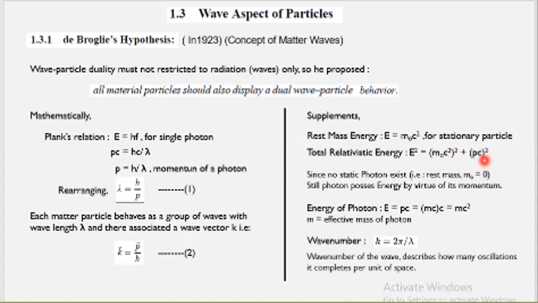After cancelling the squares, we get the energy of the photon equal to momentum times the speed of light, which we substitute on the left hand side, and on the right hand side we substitute c over lambda for f. This relation we get from the formula of the speed of a wave, that is v equals f lambda.